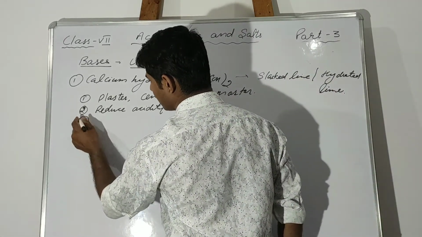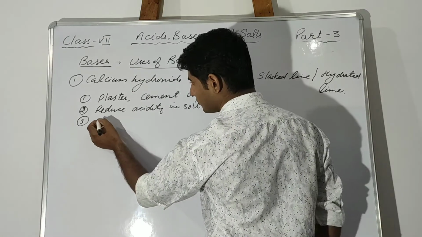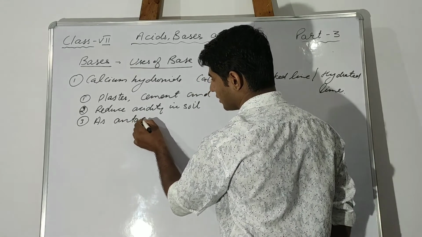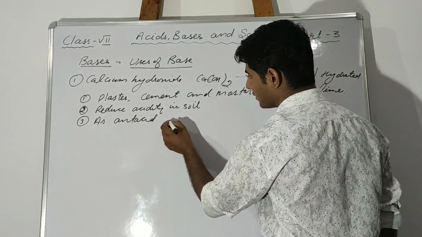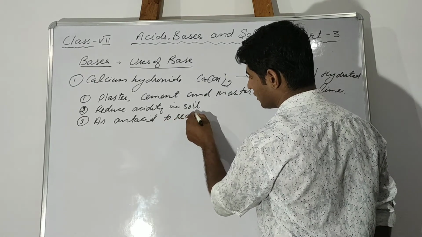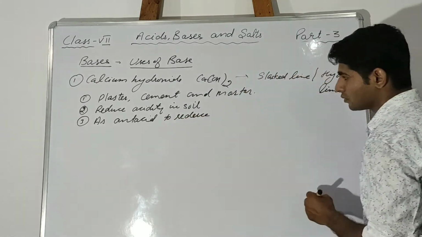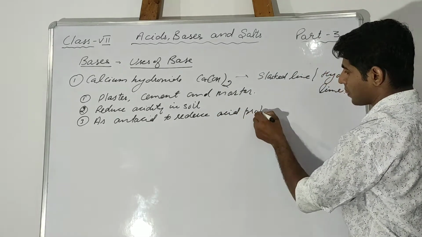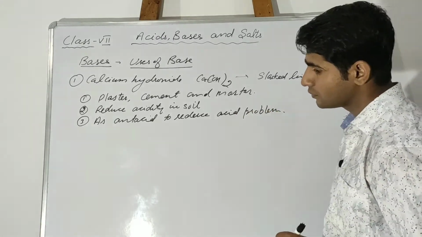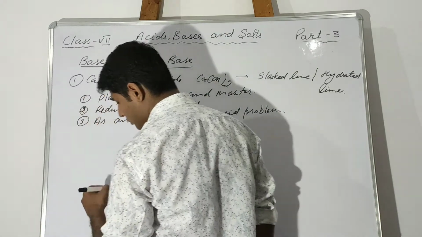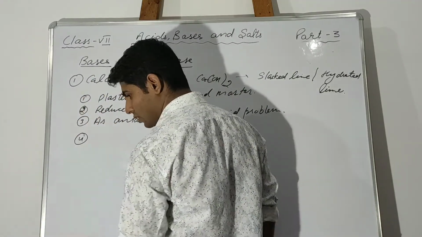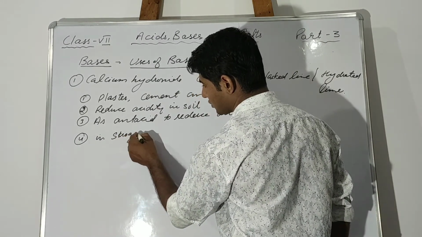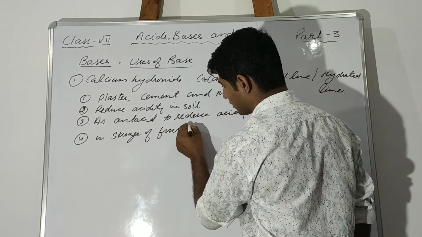Third, we can use calcium hydroxide as antacid to reduce acid fall. Then we can use calcium hydroxide in storage of fruits.